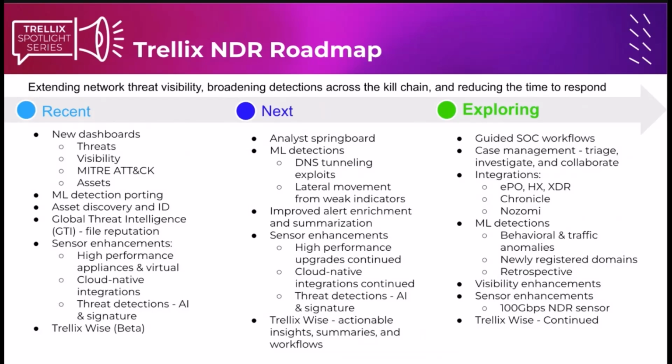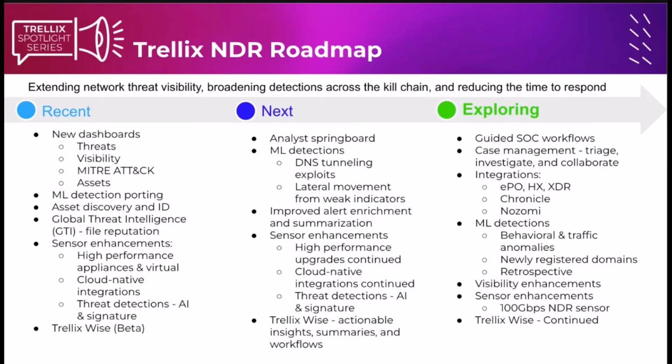Asset discovery, as mentioned earlier, was added into the release to automatically detect and classify assets that are discovered on the network, and it's especially useful for detecting unknown assets, or perhaps assets that don't have an agent running on them. We've integrated with our GTI, our Global Threat Intelligence, for file reputation. So files that are sent to us in the layer 7 data, we will get their reputation score from GTI.